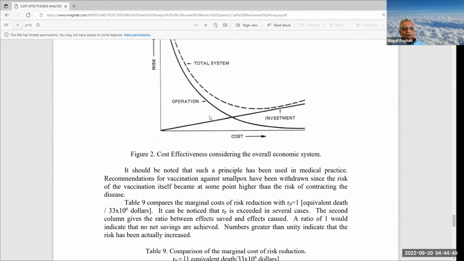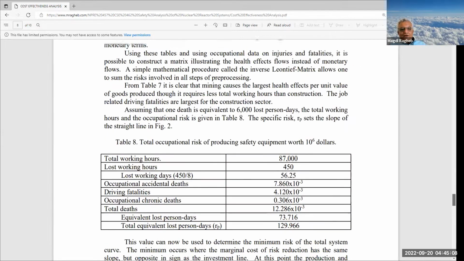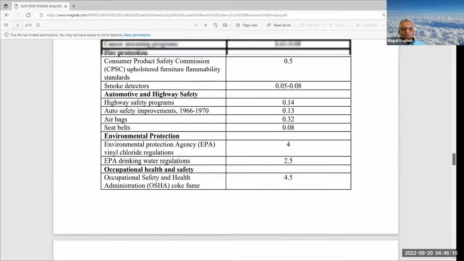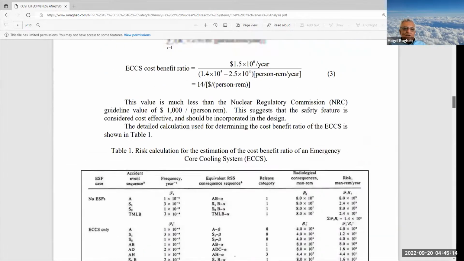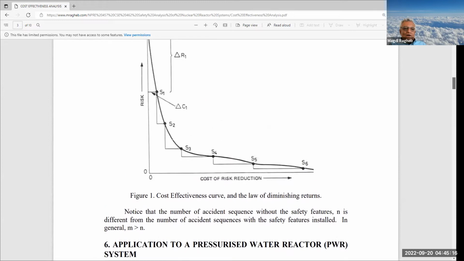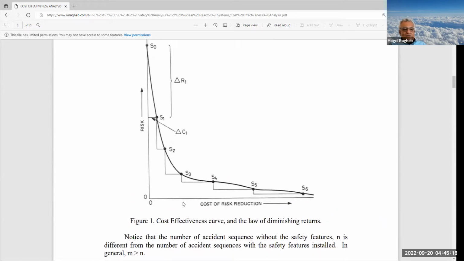As you are adding more safety equipment, you are using extra man hours to produce the equipment. And in that case, at some point, it doesn't pay, or it is not cost beneficial, to add more safety equipment rather than just keeping and adding the numbers in the previous curve here, according to criteria that are set by law by the regulatory agencies.